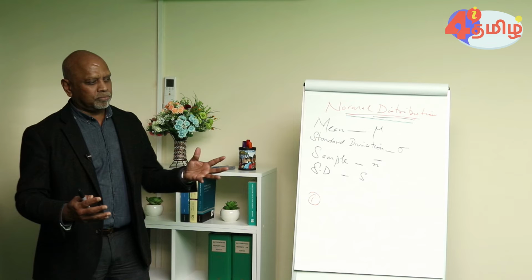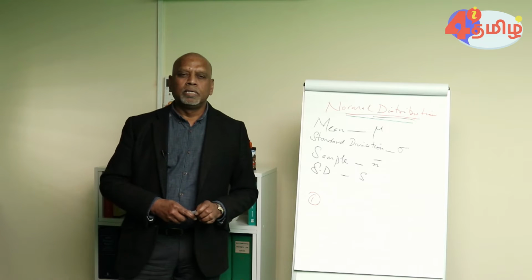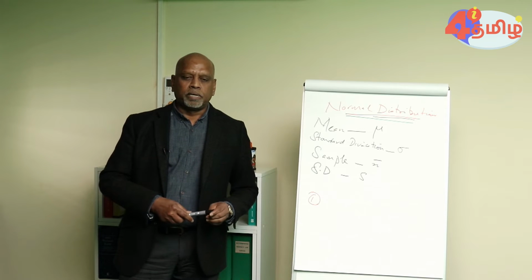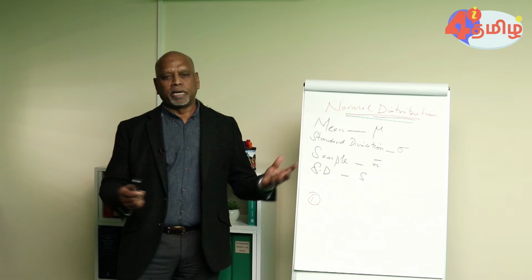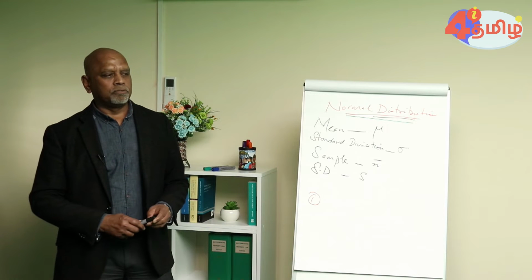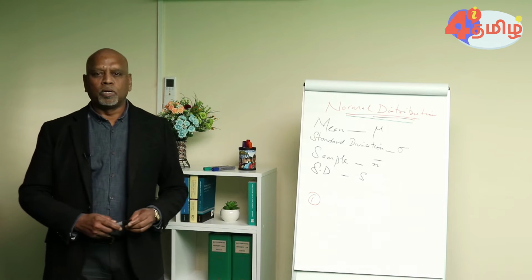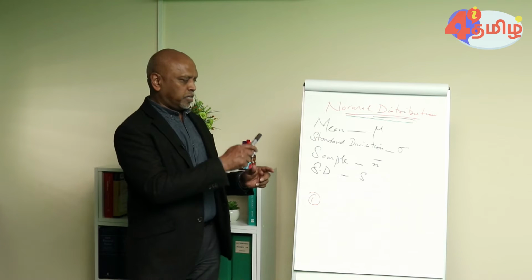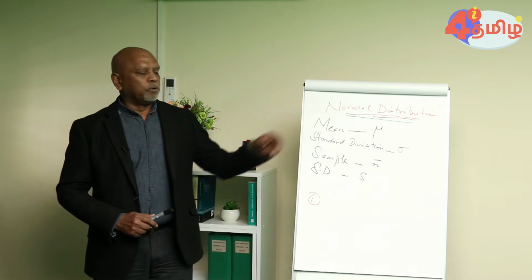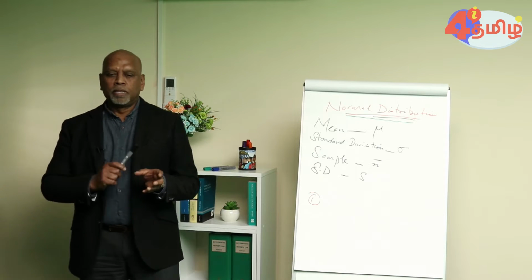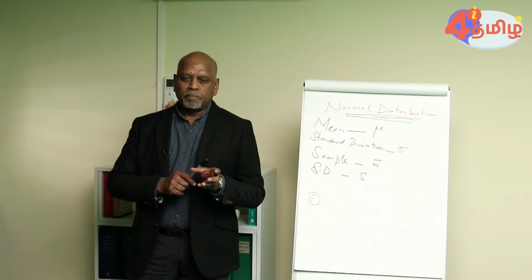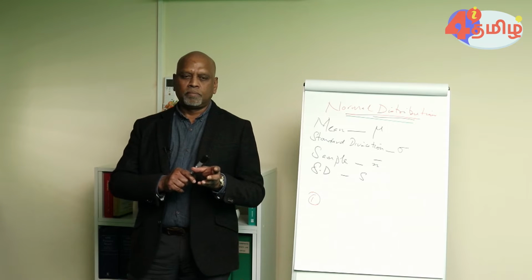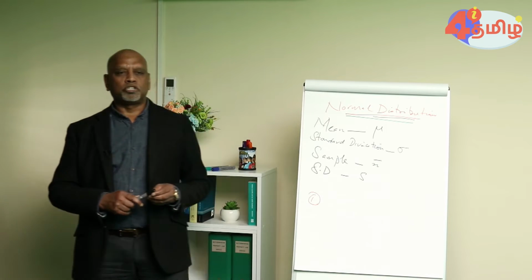Discrete data is full numbers or whole numbers. Continuous data will be decimal numbers. It could be anything, an infinite variety of values, like 1.1, 1.1112, or whichever. So it's just continuous data. We are concentrating on continuous data for normal distribution.